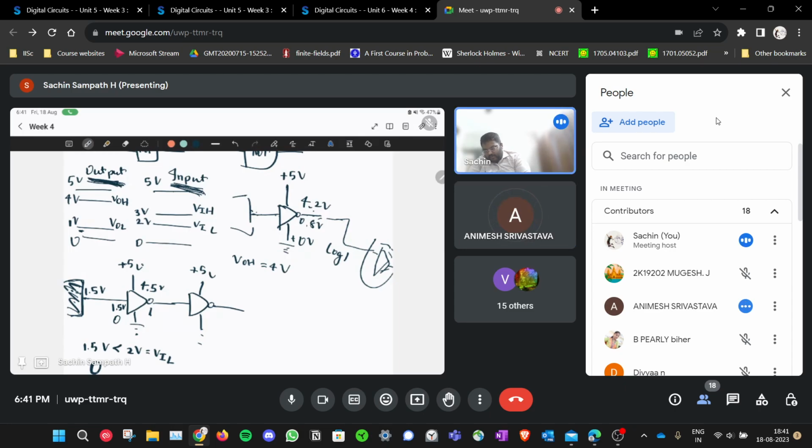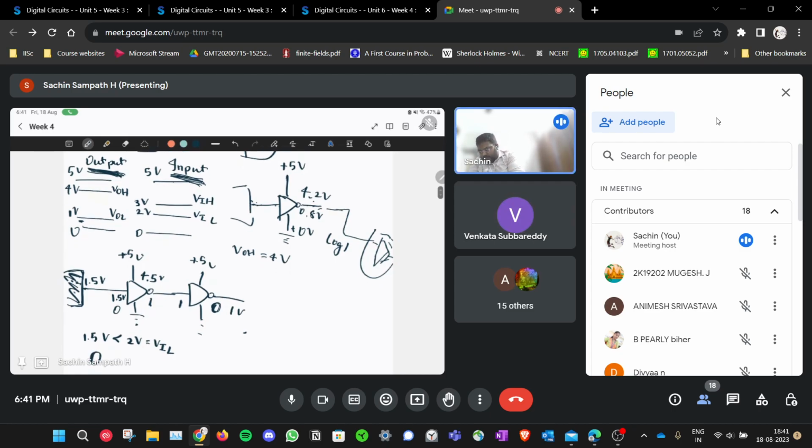Yeah, so 4.5 is above 3 volts, right? That's why it will think it is a logic 1. And since it's a logic 1, it has to send out a logic 0. It will send out something between 0 to 2 volts. Let's say it sent out 1 volt. Both inverters happy now.